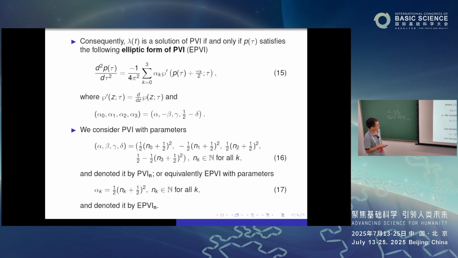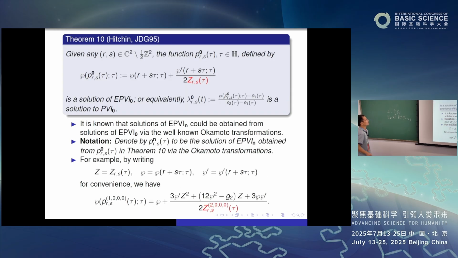To connect with the previous pre-modular form, we consider alpha, beta, gamma, delta in terms of nk in this way, and all is equivalent to the elliptic Painleve VI equation with parameters alpha k in terms of nk in this way. In 1995, Zhijie proved the following beautiful formula.